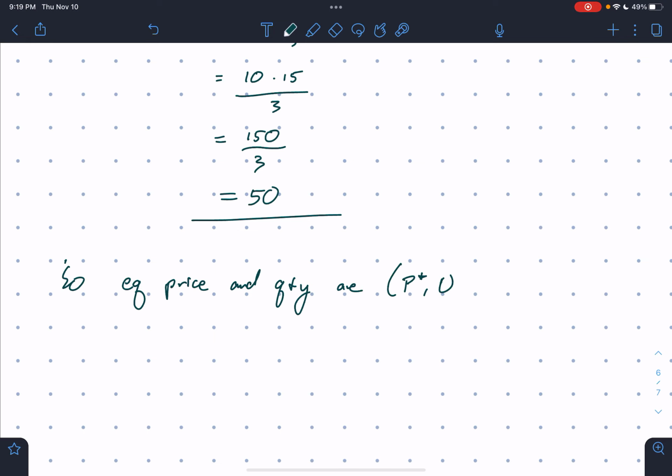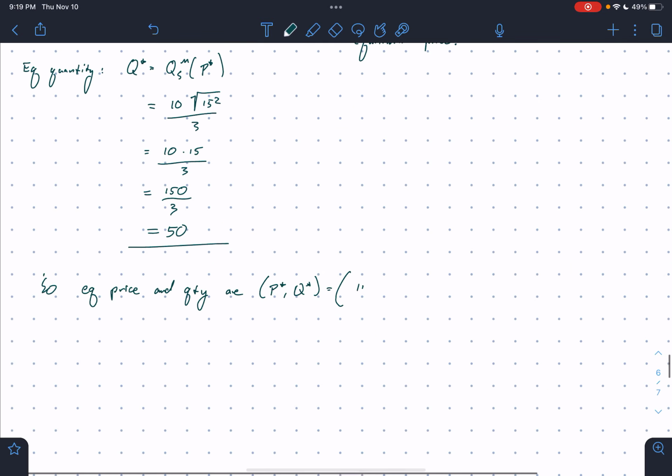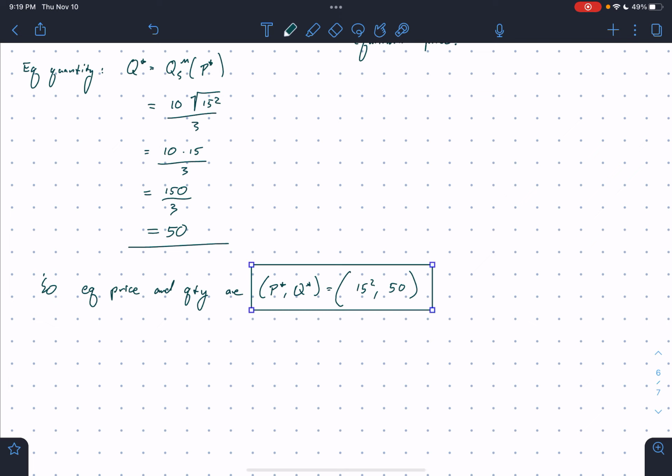Just to summarize, we found the equilibrium price and quantity in this market. It's important to note that this was under the assumption where there wasn't free entry.